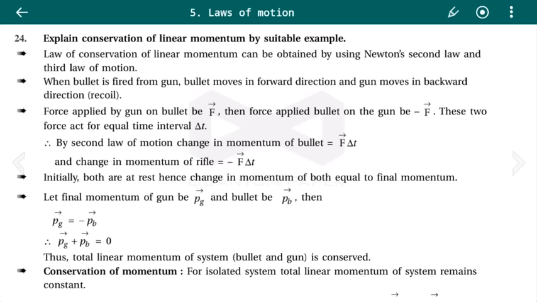The force applied by the gun on the bullet be vector F. Then the force applied by the bullet on the gun will be minus F. These two forces act for an equal time interval delta t.